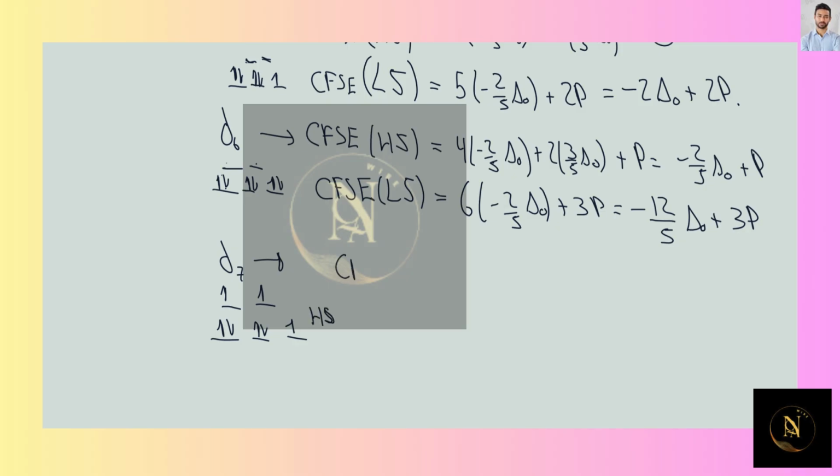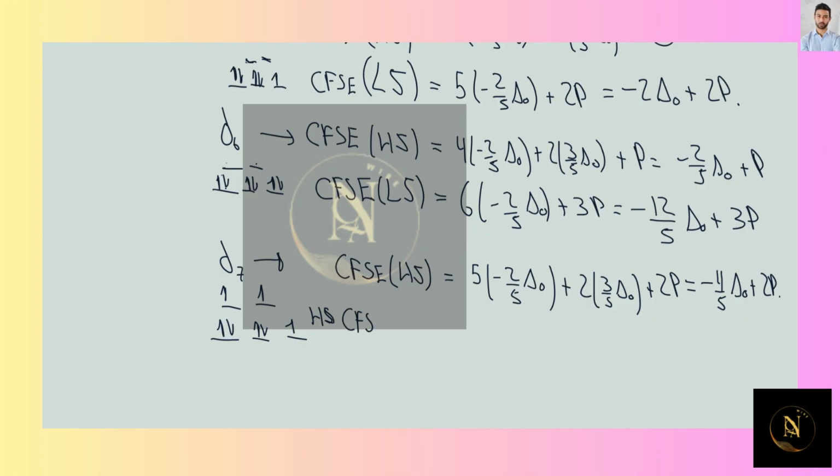So the crystal field stabilization energy for high spin would be equal to 5 times minus 2 over 5 delta naught plus 2 times 3 over 5 delta naught plus 2 times the pairing energy, which would give us minus 4/5 of delta naught plus 2P.